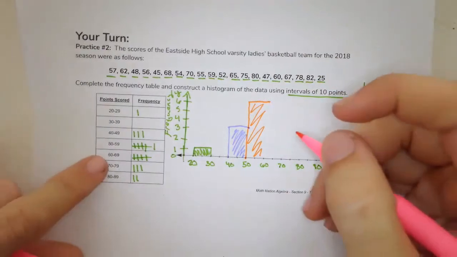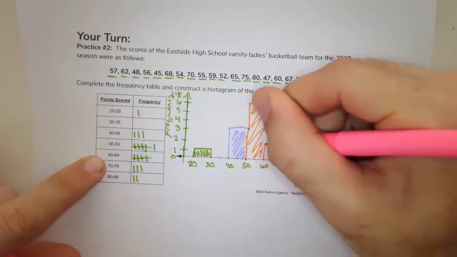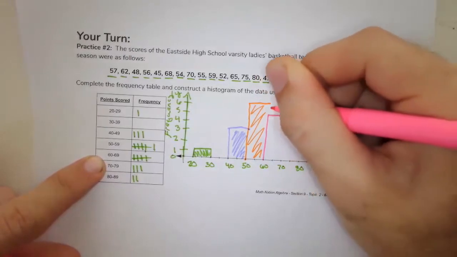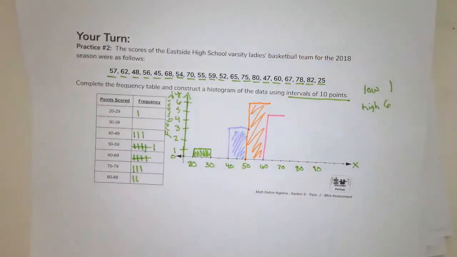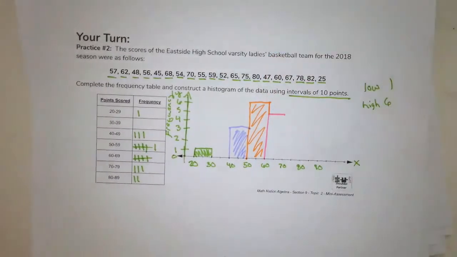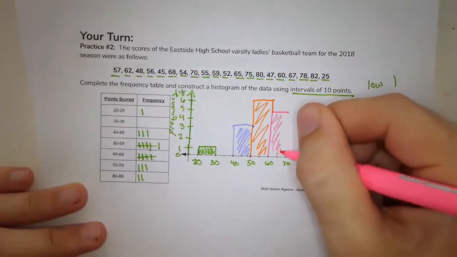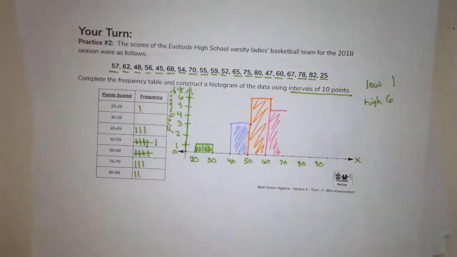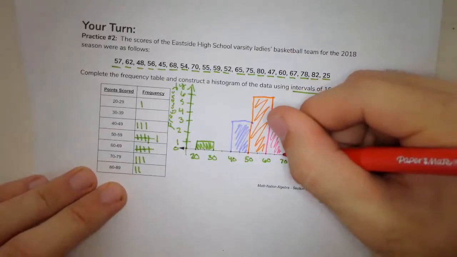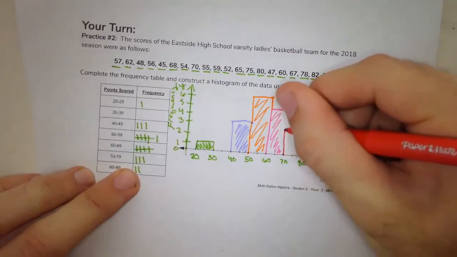From 60 to 70, it happened 5 times. So we're going to go up to about 5. And then one thing you can also do is kind of do that to finish off. From 70 to 79, it is 3, so we're going to go up to 3.